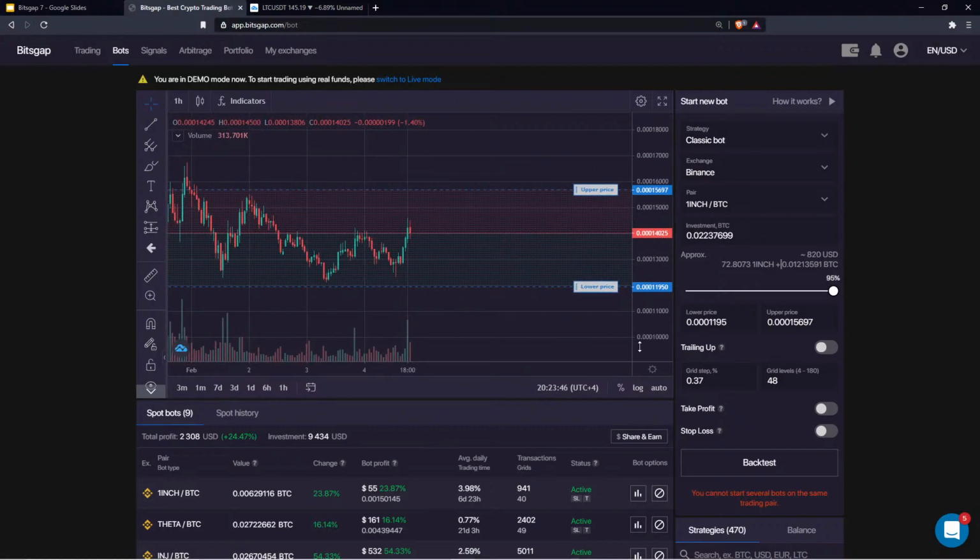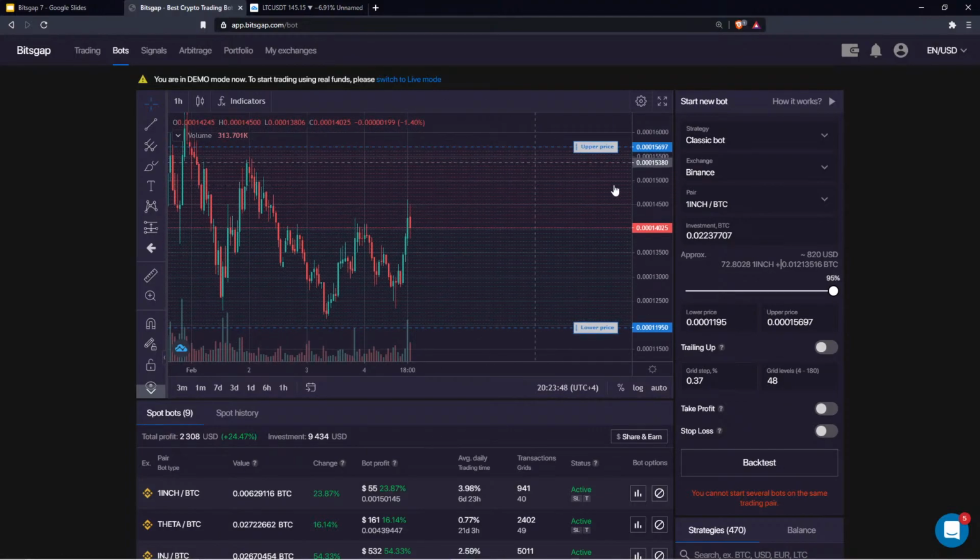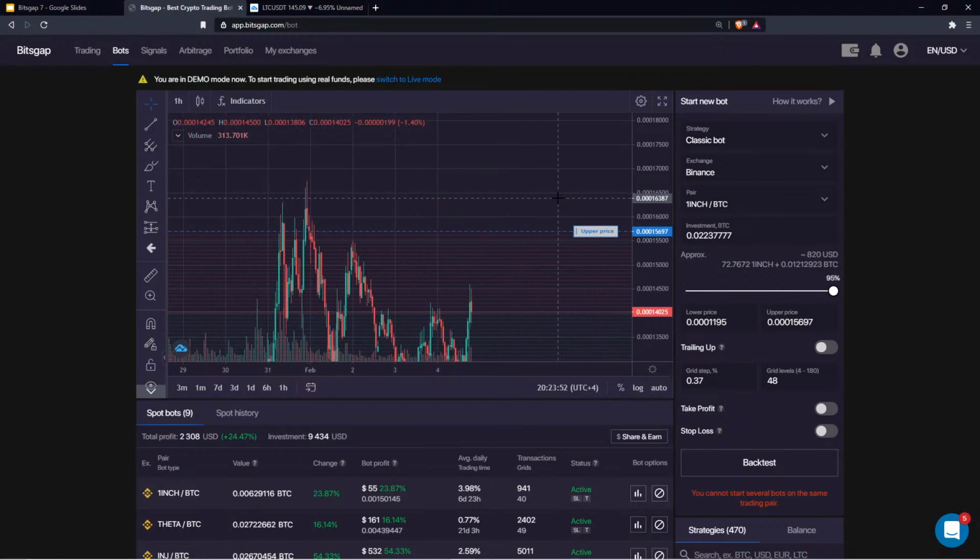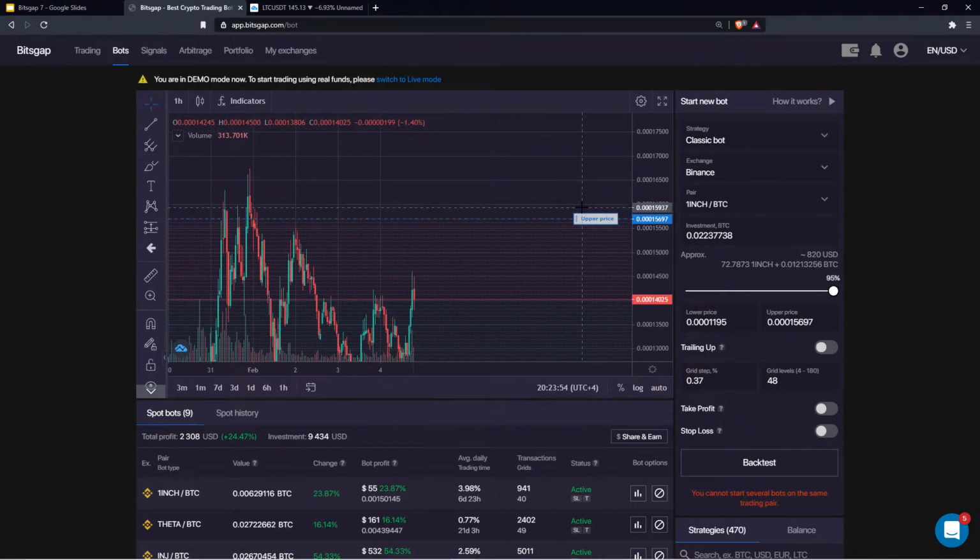So the wider your sales zone is, the more base currency is required. So for example, if I drag my upper price higher, to that point, notice that now I have 92 1INCH. If I make this zone narrow, then you see it reduces the amount of base currency required.